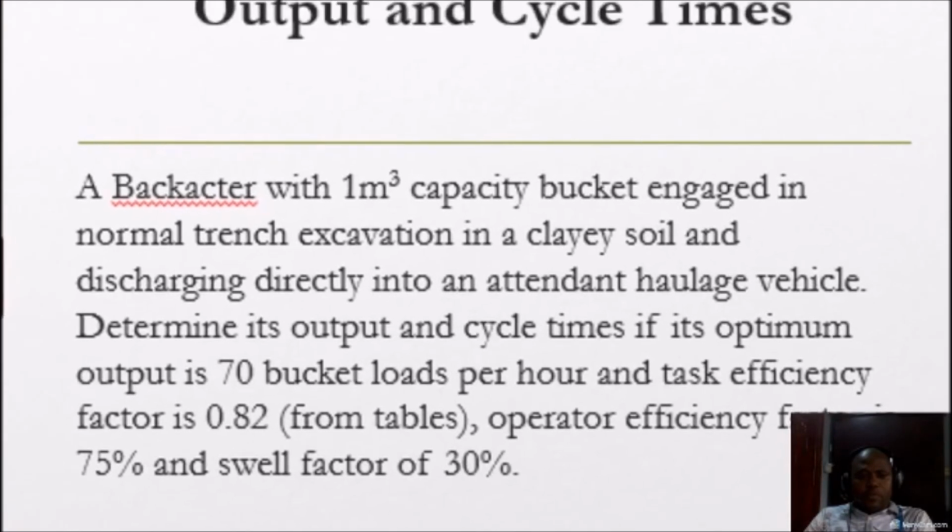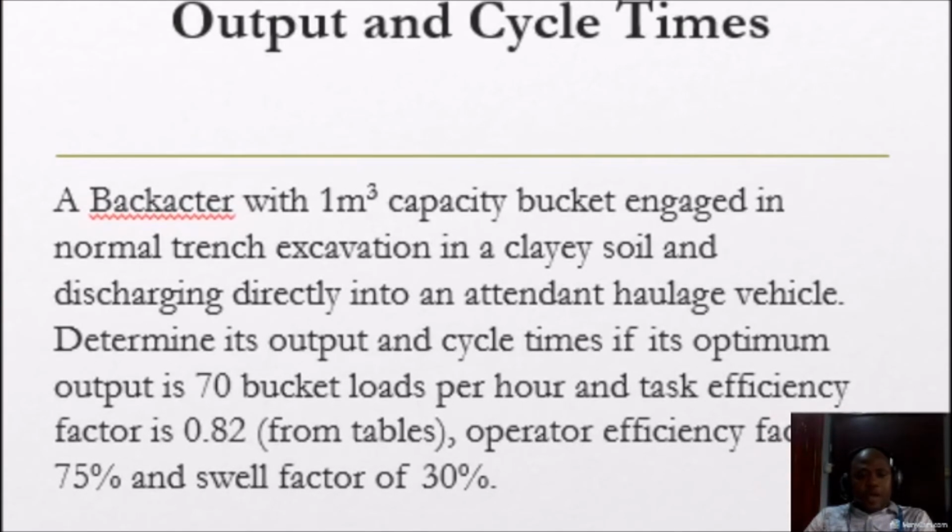Here we have a typical question on output and cycle times. We have a backactor, which is a type of excavator. A backactor with a 1 cubic meter capacity bucket is engaged in normal trench excavation in a clay soil and discharging directly into an attendant haulage vehicle.